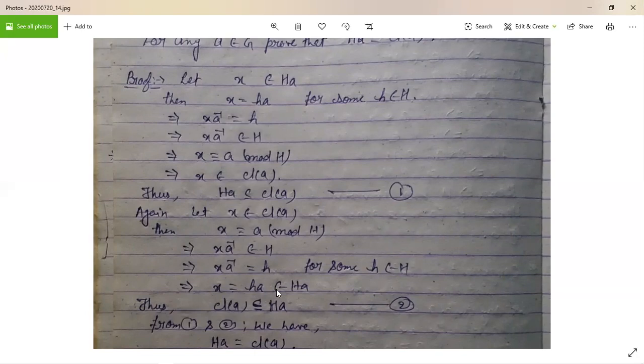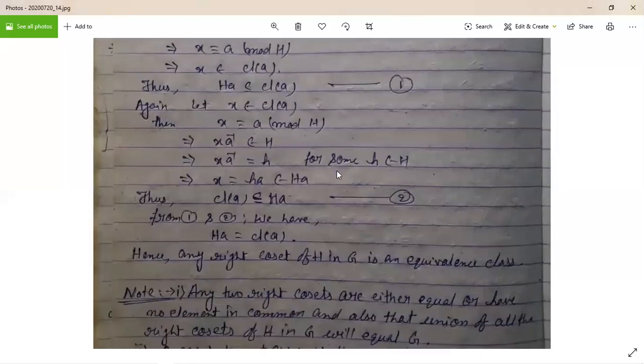Therefore, if we take an element from class of A, we get that element in the right coset also. So class of A is a subset of the right coset HA. Therefore, from equations 1 and 2, HA equals class of A.